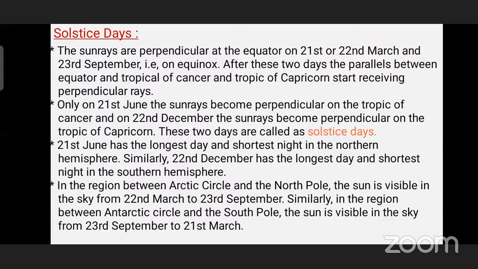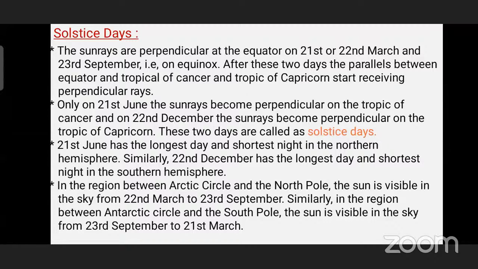This we have seen. So after these 2 days, what happens, students? The parallels between the equator and the Tropic of Cancer and Tropic of Capricorn start receiving perpendicular rays. After this equinox, the other parallels above the equator and below the equator start receiving the perpendicular sun rays.